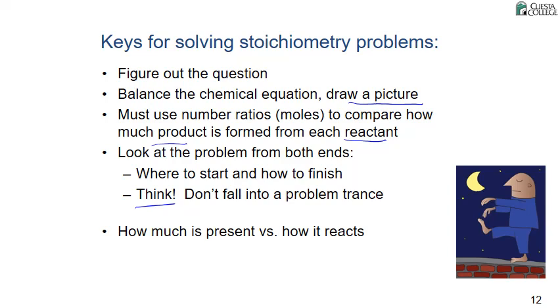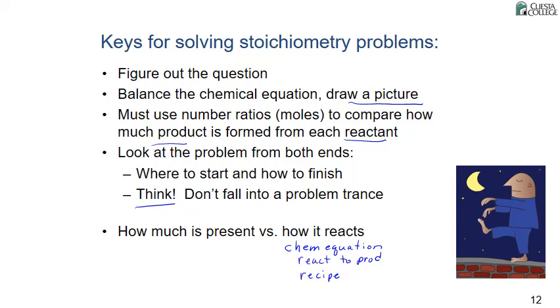There's also an interesting thing that some students get hung up on, and that's how much is present versus how much reacts. The how much it reacts part is the chemical equation. That's the mole-to-mole ratio from reactant to product. And it's kind of like a recipe for baking chocolate chip cookies.